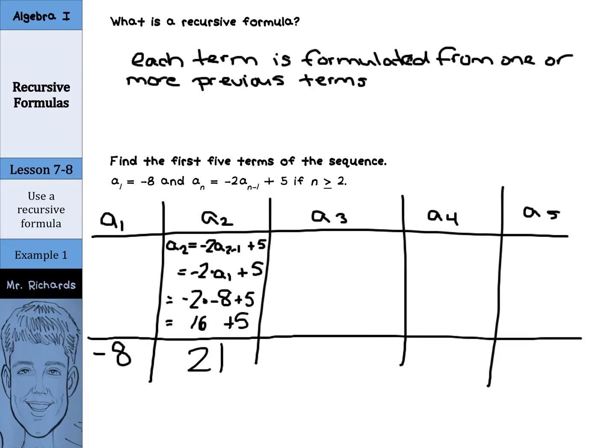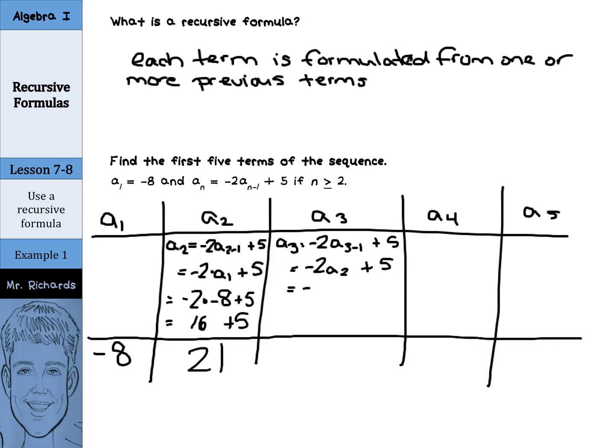What about the third term? Well, to find the third term, we're going to use the same formula. -2 multiplied by A, then the 3 minus 1 term here, plus 5. Well, the 3 minus 1 term is simply the second term.